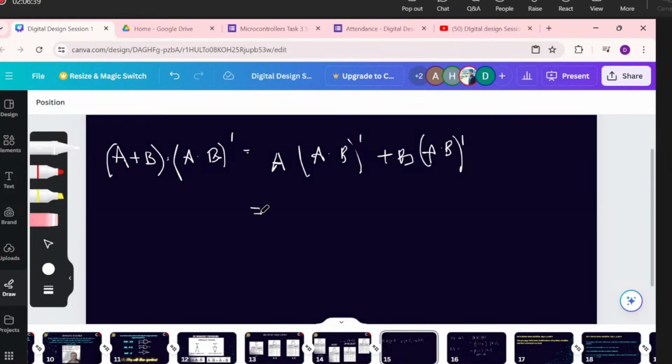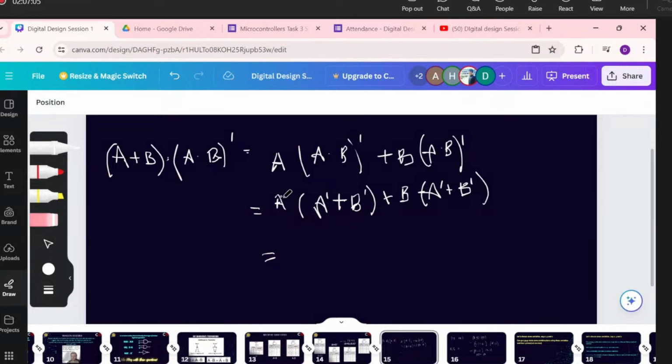Now I'd use De Morgan's theorem for this and get a into a prime plus b prime plus b into a prime plus b prime.